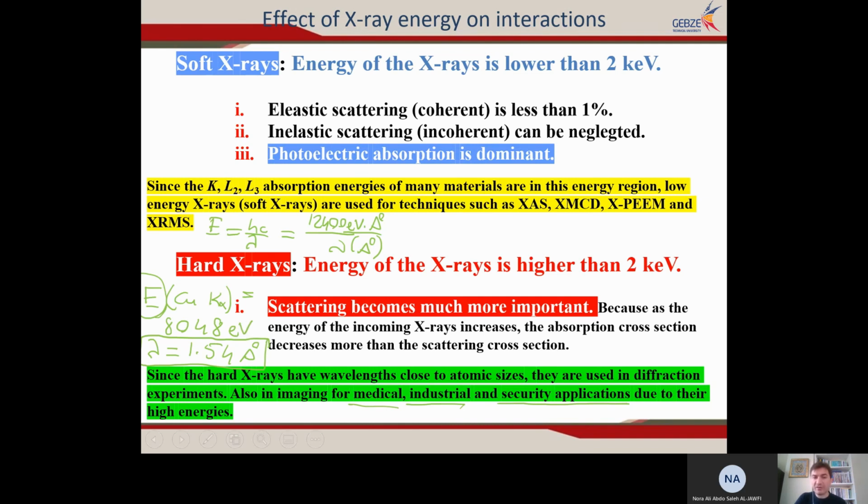So if the energy of the X-rays is not enough, then they will be absorbed within the material and you will not have anything. Let me draw here. Let's consider you have a material and here you send an X-ray. This is the energy of the X-ray. And here you have a detector, okay?